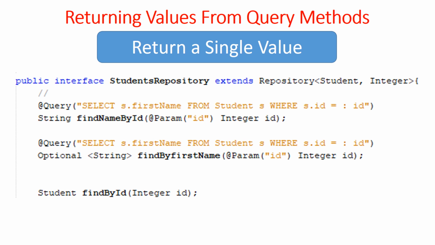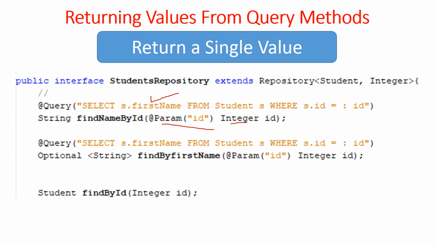This is the query: select s.firstName from Student s where s.studentID is equal to ID, and this is findByID, and here we set the parameter, which is an integer. This is the method which returns only the first name of the student. This is a single value query method.